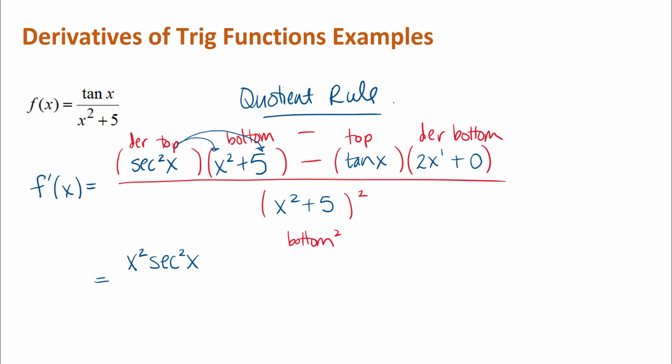If you put the x squared in the back, it's a little unclear about whether the secant applies to all the x's or just the x right after the secant squared of x. And then same thing when I distribute that secant squared of x times the 5, I'm going to put the 5 out front.